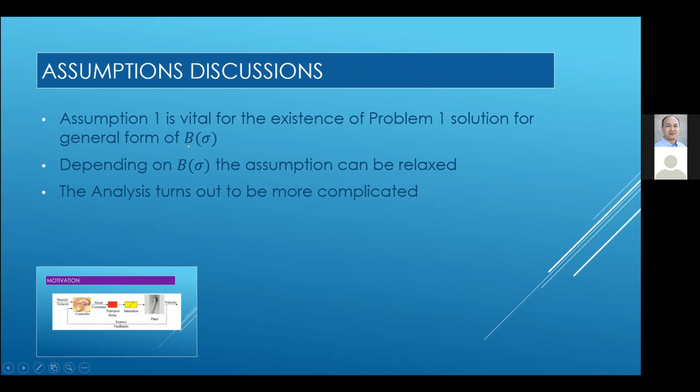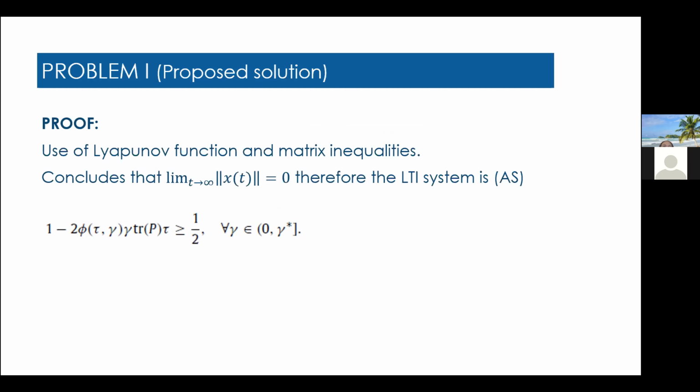What is the phi then? The phi is a function of the delay and the gamma, and it's related to the dimensions of the system, n and m. It's used in the proof of the theorems.